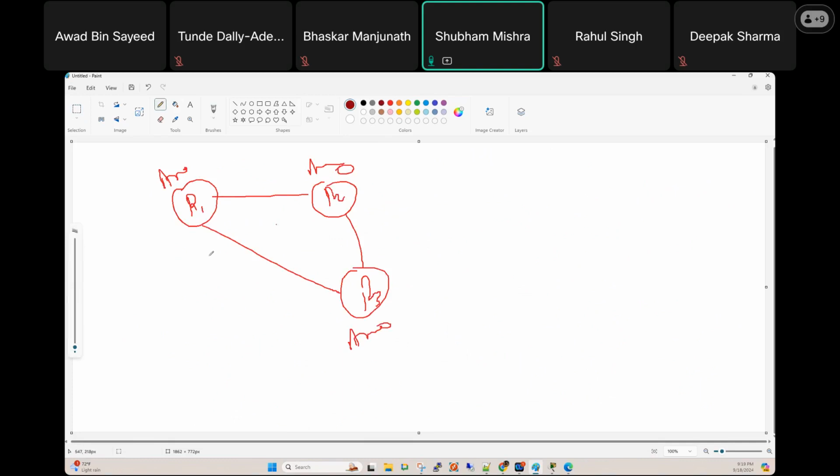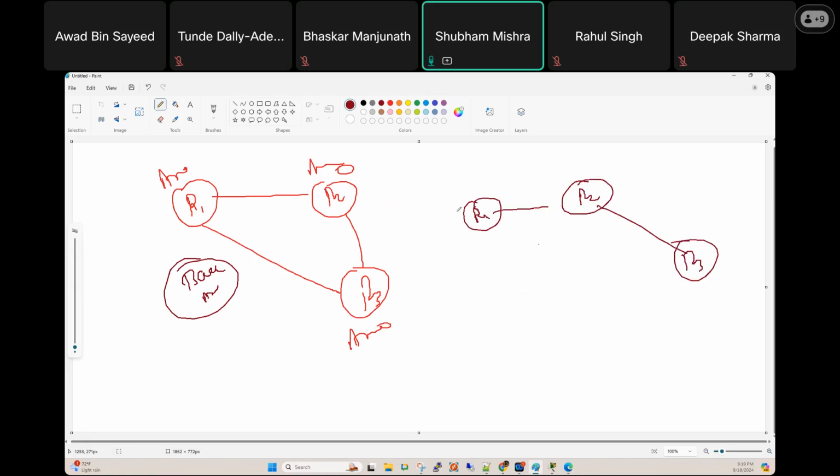It means all the routers are in the backbone area, so they can easily communicate. There is no problem.